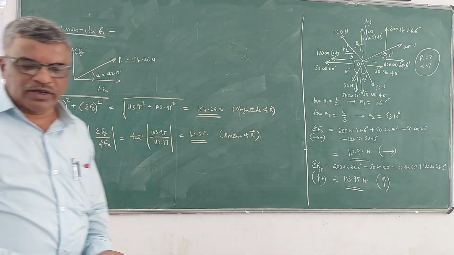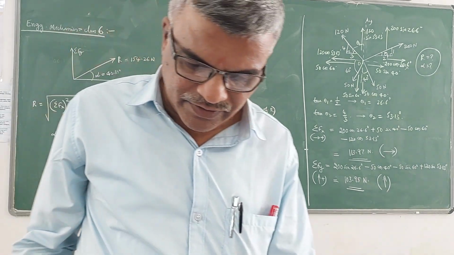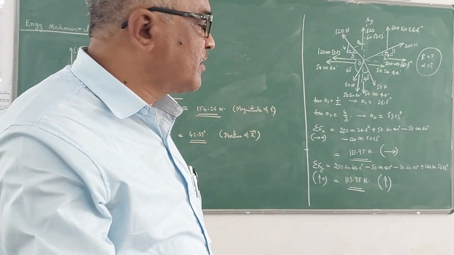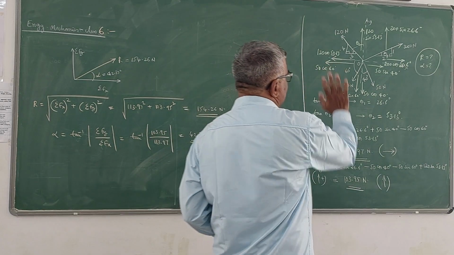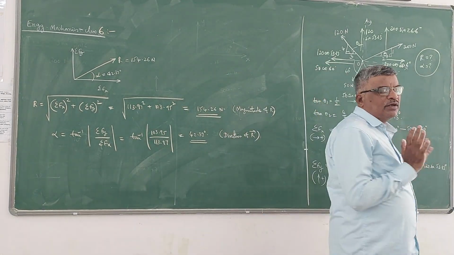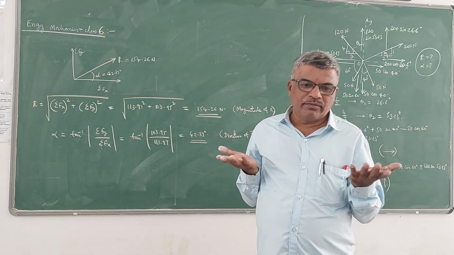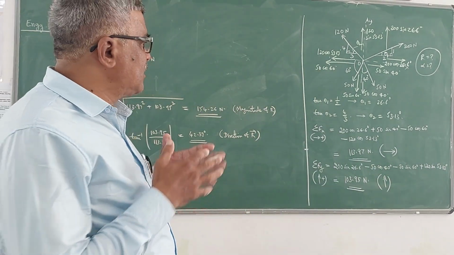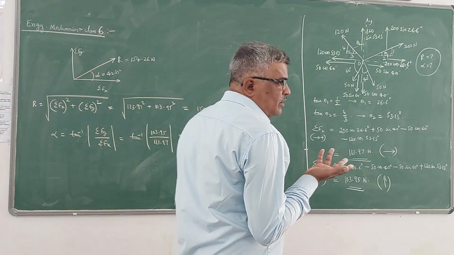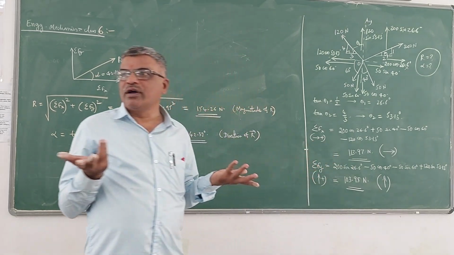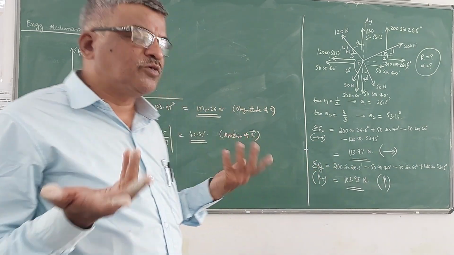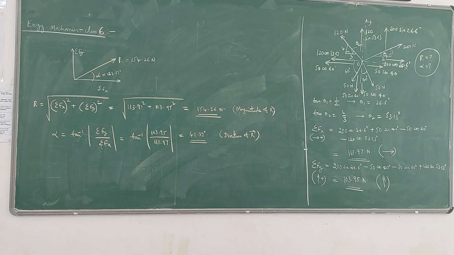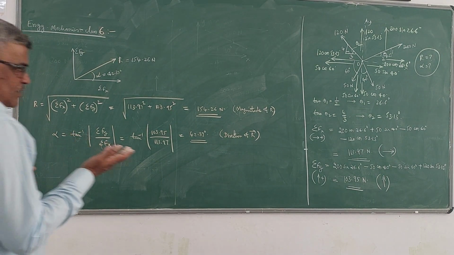So this problem why I took is in this case he has, instead of giving angles of the forces, given slopes. So from the slopes, by taking tan ratio, you can find out the respective angles. Later on, we have to resolve, find out the algebraic sum sigma Fx, sigma Fy, and in which quadrant that R lies depends on the directions of sigma Fx and sigma Fy.